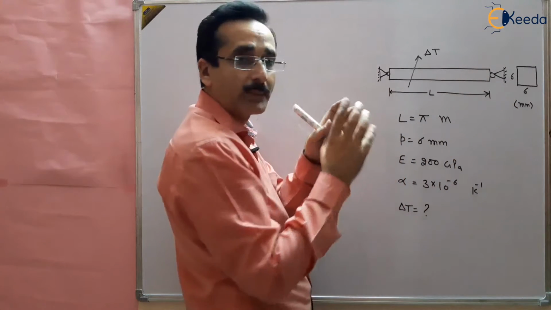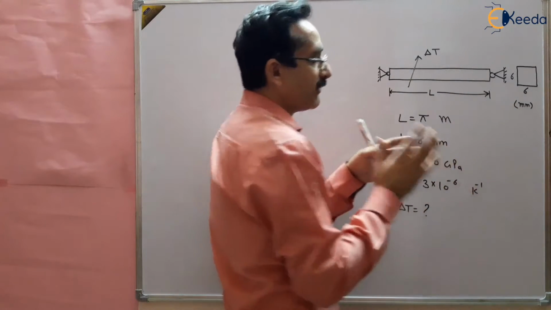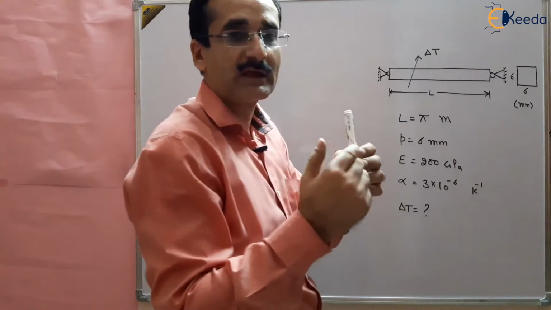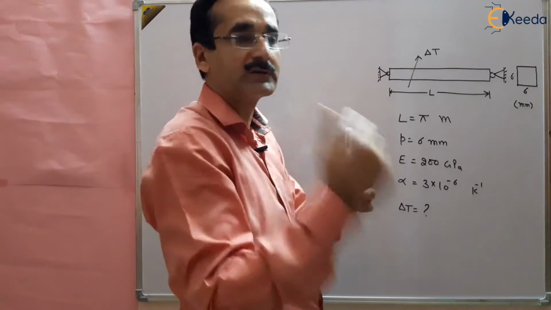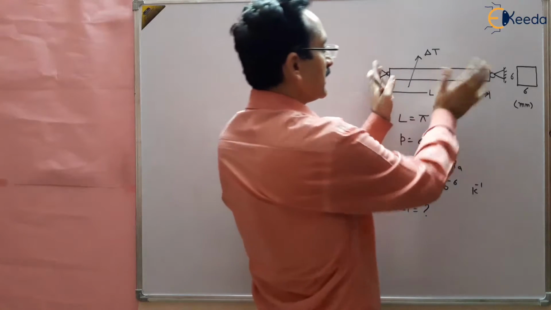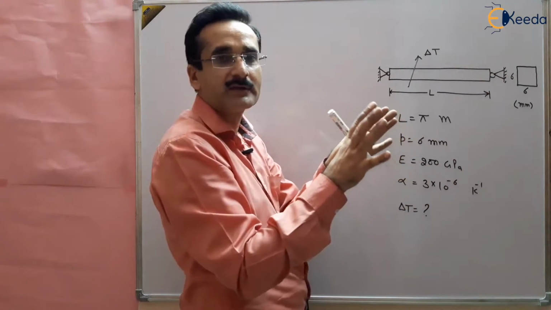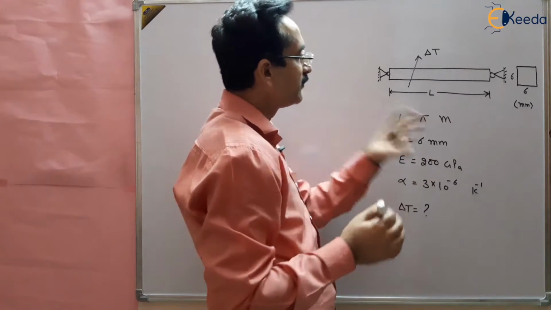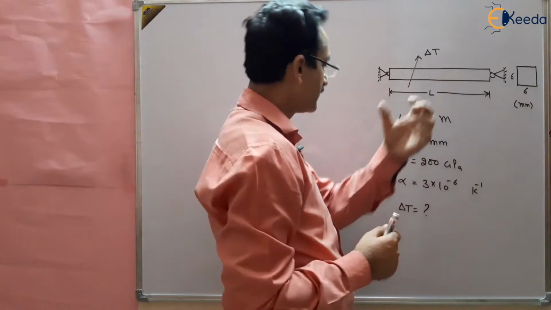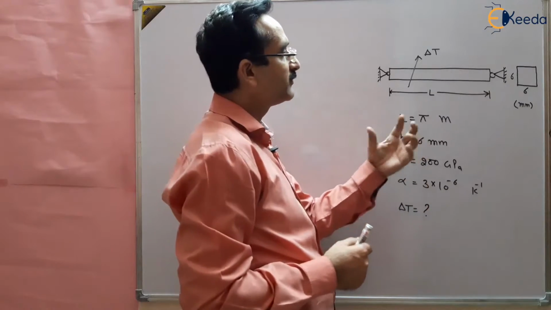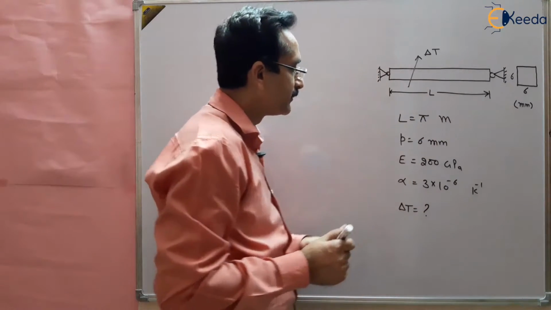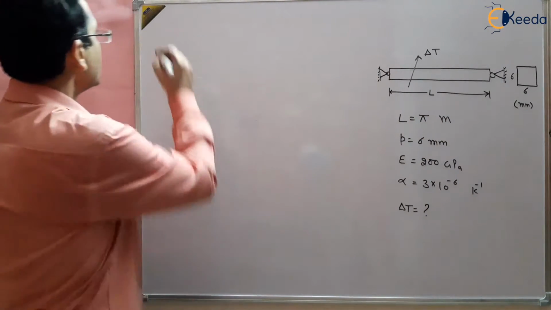So at a certain point when the load reaches a certain load, critical load or Euler's load, buckling will take place, in the direction where there is a minimum moment of inertia. We have to find out that temperature rise at which the buckling may take place, right? So how to solve this question? Let us solve this question.